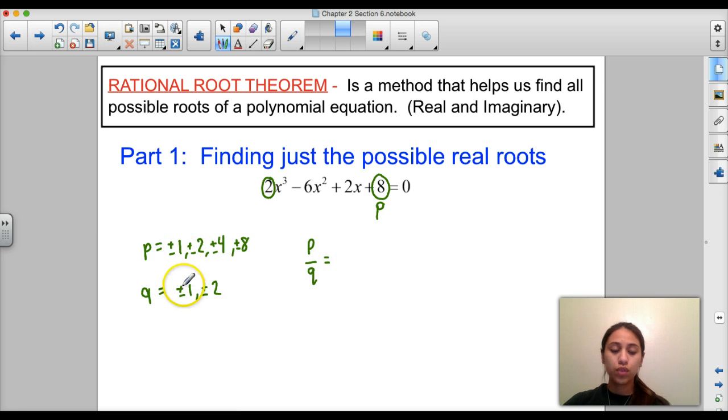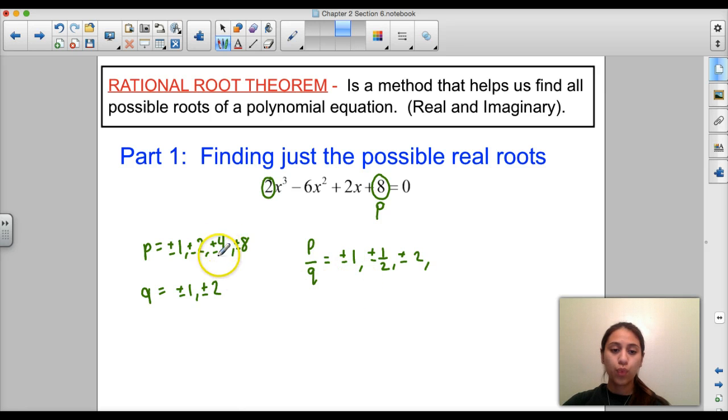So we'll divide each of the P's by a Q. So 1 divided by 1 is 1. 1 divided by 2 is half. Then 2 divided by 1 is 2. 2 divided by 2 is 1, which we already have, so we don't need to write it again.